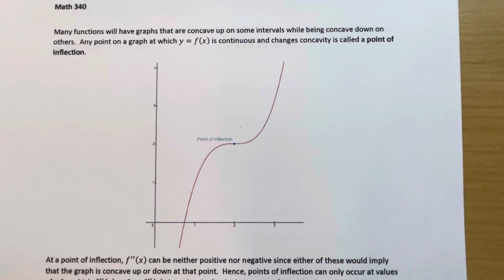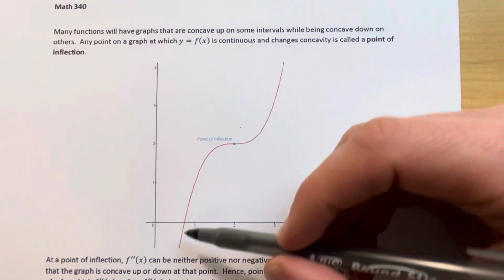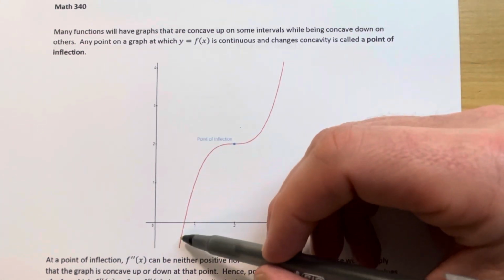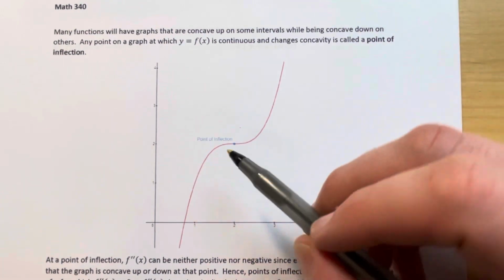All right. Now, there are plenty of curves that you have seen already that have some intervals on which the curve is concave up and others on which it's concave down. So for this example right here, you can see that this first part of the curve up to this point appears concave down. It's kind of curving in a downward fashion.